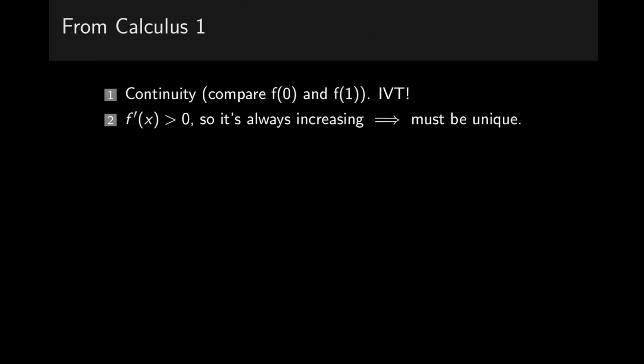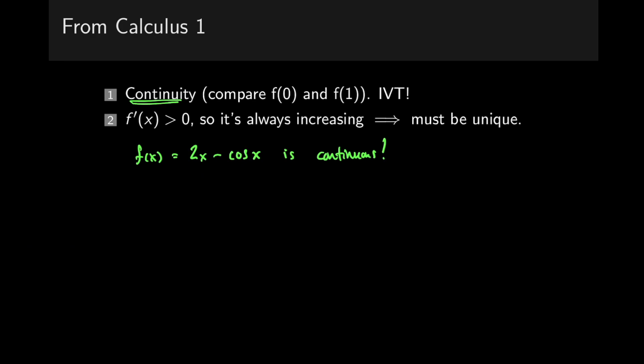So some insights that we can have from Calc 1, because we can't solve it by hand. What we can say is we know that this function is continuous, right? F of x is continuous because it's the sum of two continuous functions, 2x and negative cos x. What does continuous mean?